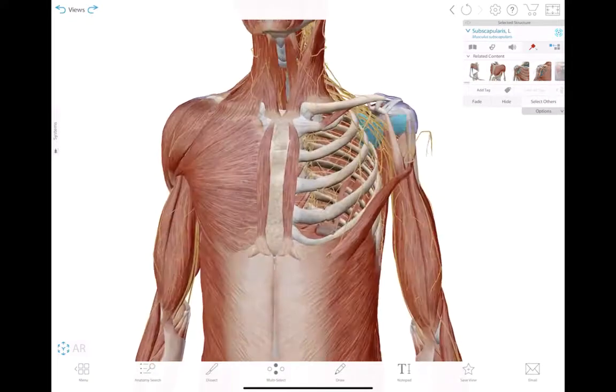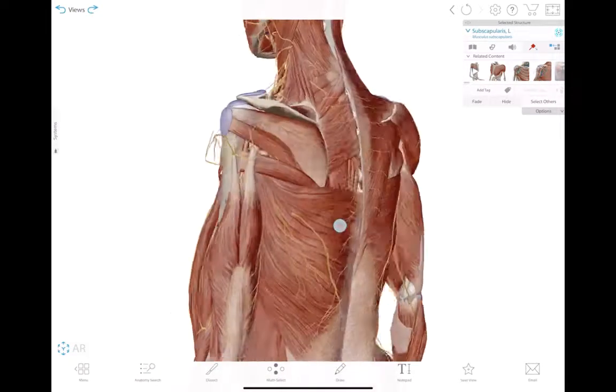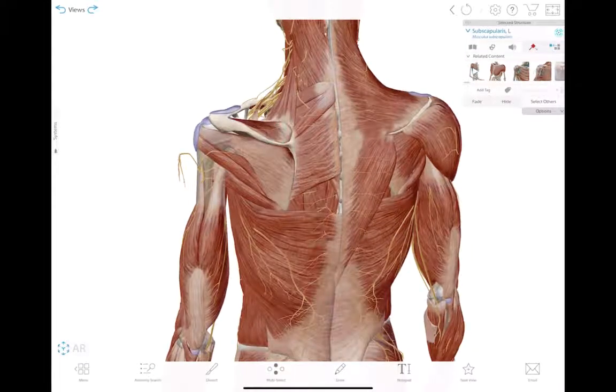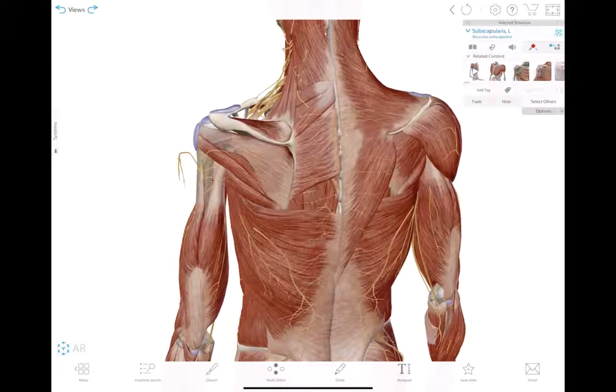So those are the rotator cuffs. We have the subscapularis, and I've removed some of the other muscles here. We have the supraspinatus, the infraspinatus, and our teres minor here. Those are our rotator cuff muscles.